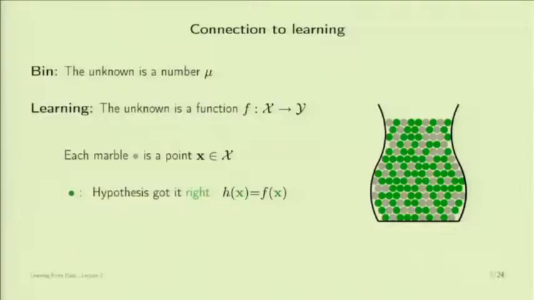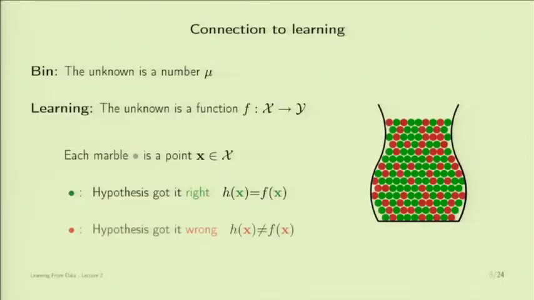Now, I'm not saying that you know which ones are green and which ones are not, because you don't know the target function overall. I'm just telling you the mapping that takes an unknown target function into an unknown mu. So both of them are unknown, admittedly, but that's the correspondence that maps it. And now there are some red ones, and you guessed it.